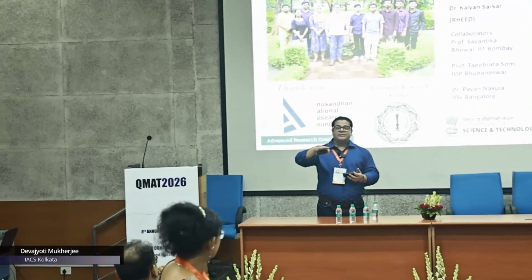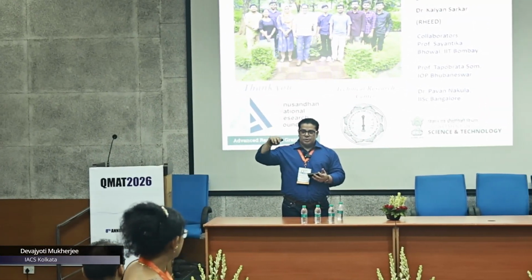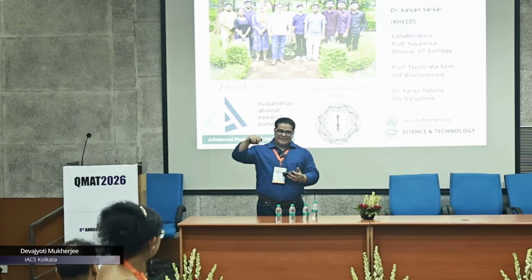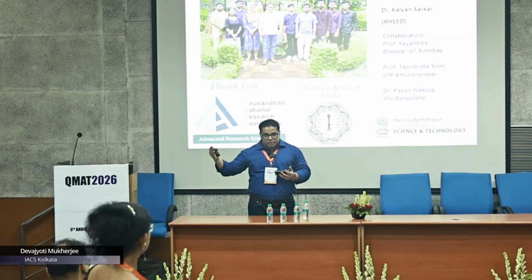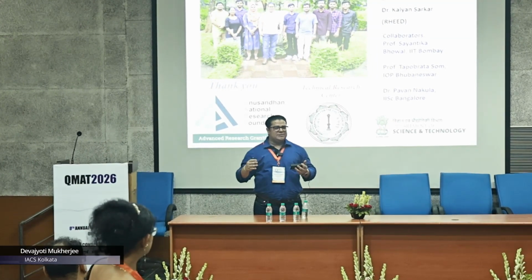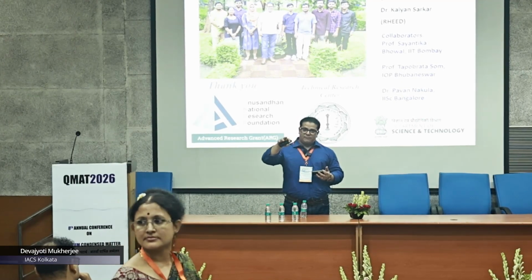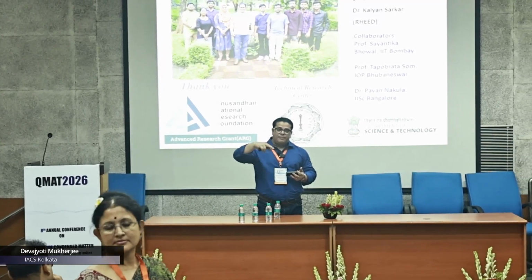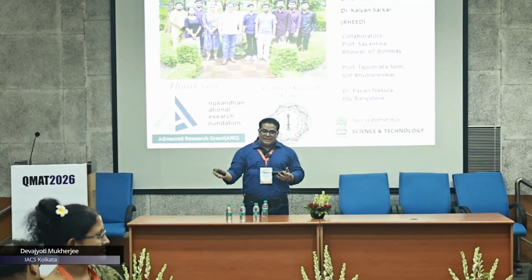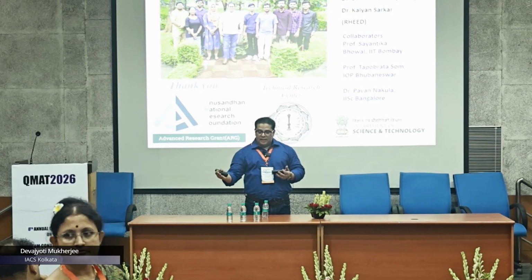Actually, in all the structures, if you have noticed, we are measuring permalloy, right? So the skyrmion density changes slightly due to the underlayers, but the size of the skyrmions was roughly the same, because those skyrmions are actually coming from the DM interaction within permalloy. And now you are enhancing the skyrmions by putting underlayers.